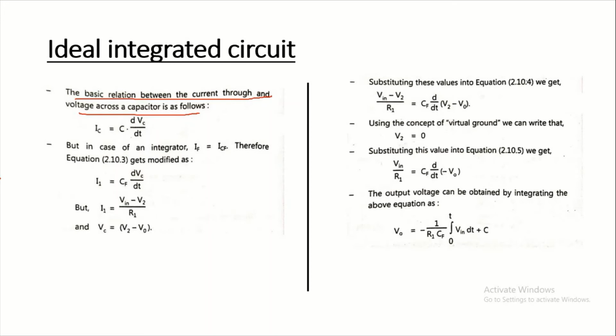But in the case of the integrator, IF is equal to ICF, meaning the feedback current is written as ICF. Therefore, I1 is equal to CF dVc divided by dt. But we know that I1 is equal to VIN minus V2 divided by R1.